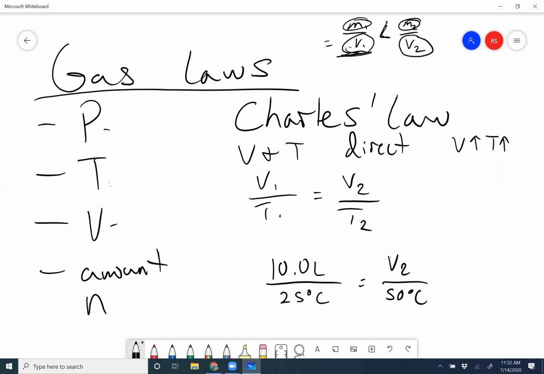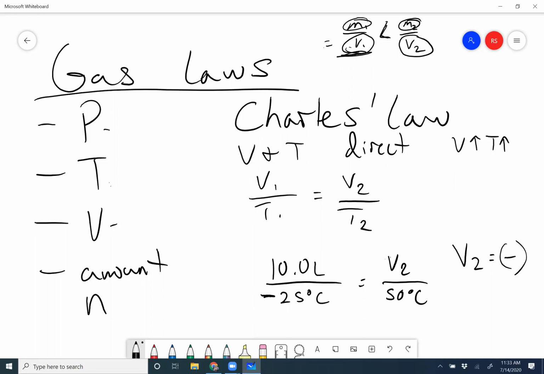It's easy math. But what if we were starting off at negative 25 degrees C? Do you see what the problem is going to be? Our answer, volume 2, is going to be negative. And the problem that they had at the time, and the problem that we still have, is what does it mean to have negative volume?